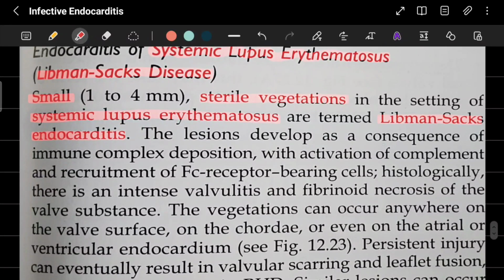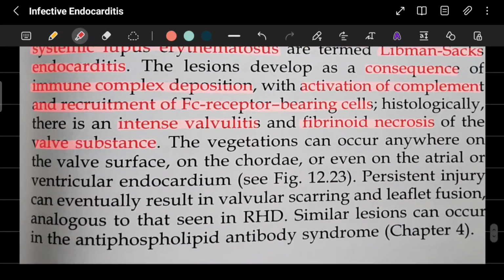The lesions develop as a consequence of immune complex deposition with activation of complement and recruitment of Fc receptor bearing cells. Histologically, there is an intense valvulitis and fibrinoid necrosis of the valve substance. The vegetations can occur anywhere on the valve surface, on the chordae, or even on the atrial or ventricular endocardium.